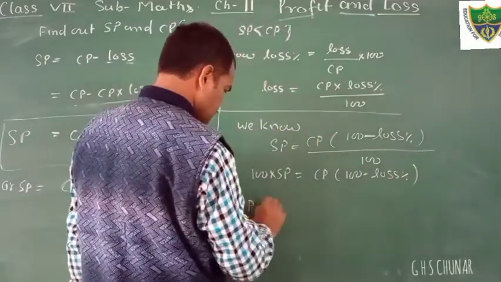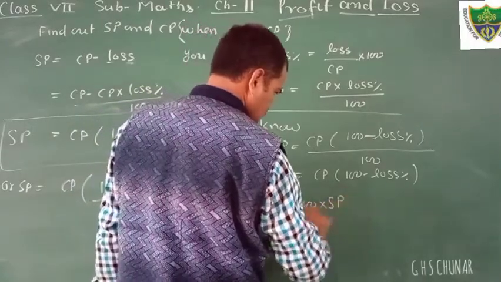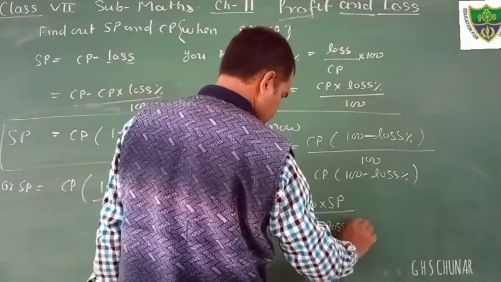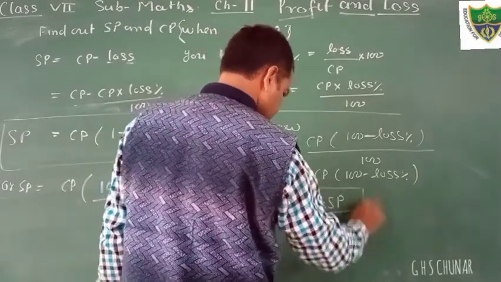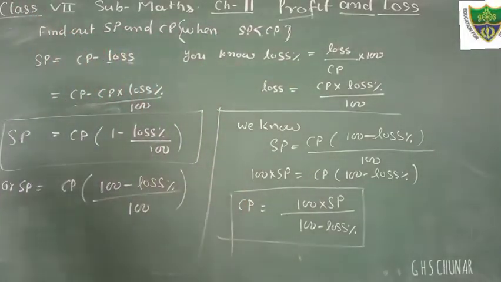Then CP is equal to 100 into SP upon 100 minus loss percent. To find out the CP when loss is given, when SP is less than CP. Okay, so you noted these two formulas.